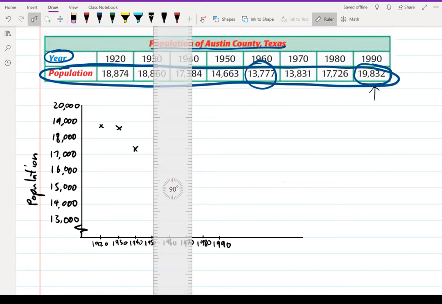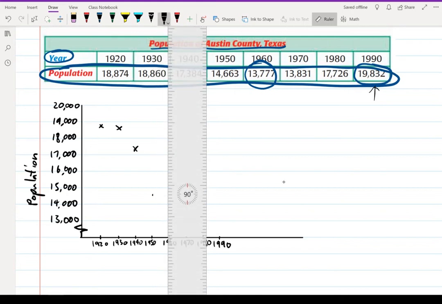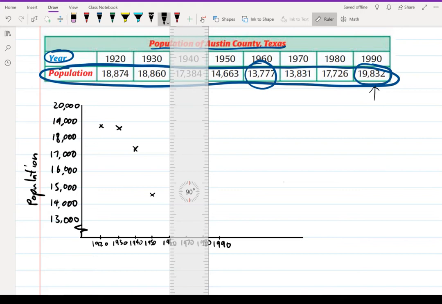So 14,600 is roughly here. And then plot that. And then 1960 is 13,700, around 13,800. That is around here.